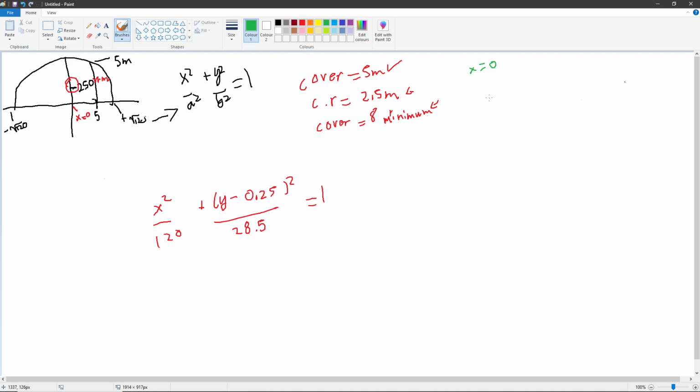So basically, y minus 0.25 is equal to the square root of 28.5, and after that you can just rearrange to find y is equal to that plus that, and that's going to give you the answer 5.59, which is tragic because that's not 8 meters minimum. So that's one thing that you have to change.